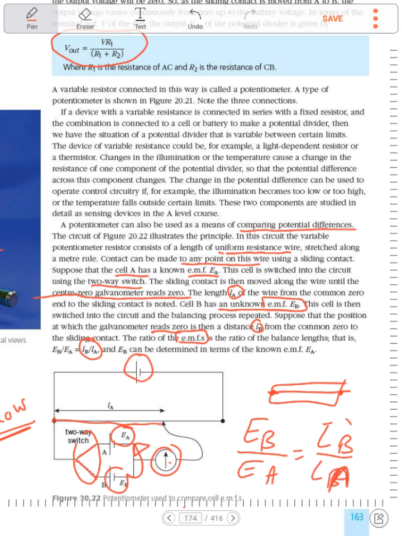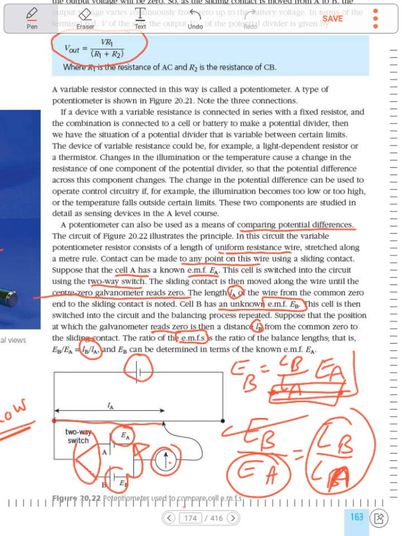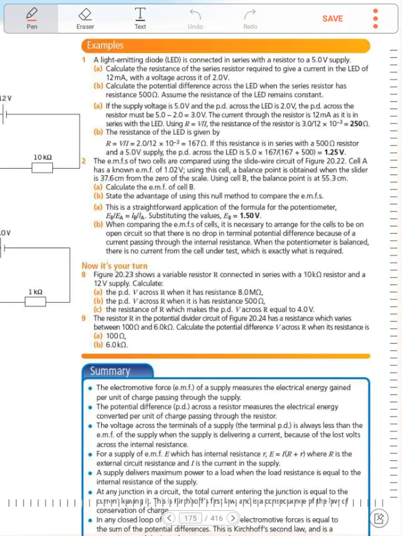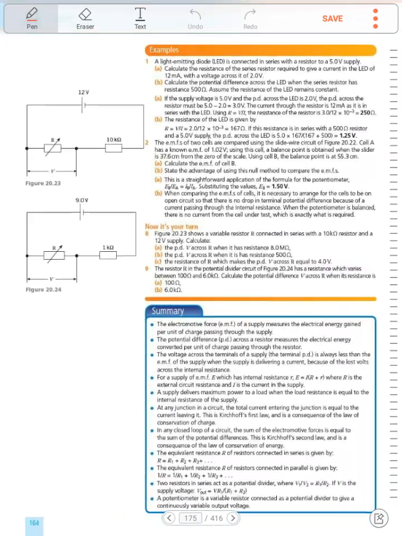Knowing this length and the value of EA, you can write the equation: EB equals LB over LA multiplied by EA. EA is known, the lengths are measured, so this can be calculated easily.